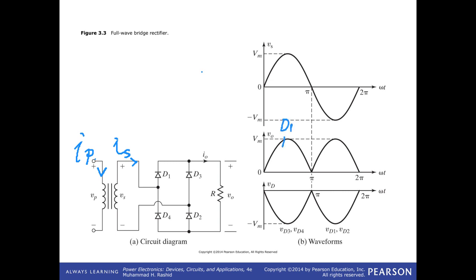Then current is going to flow like this, through the load and complete this network. Therefore, the terminal voltage follows this pattern.